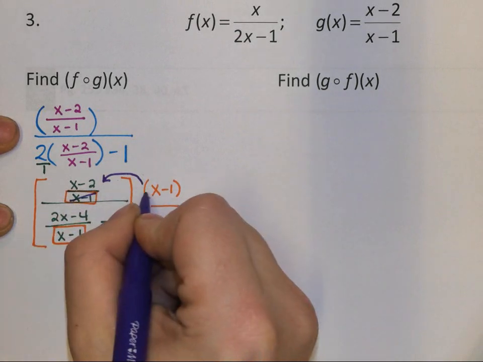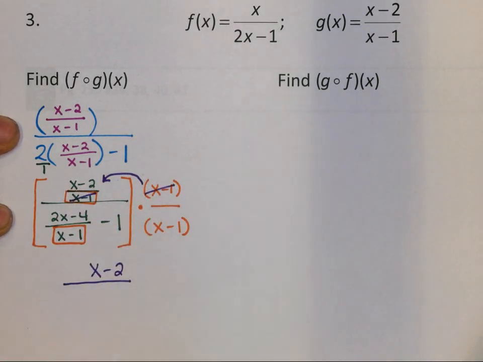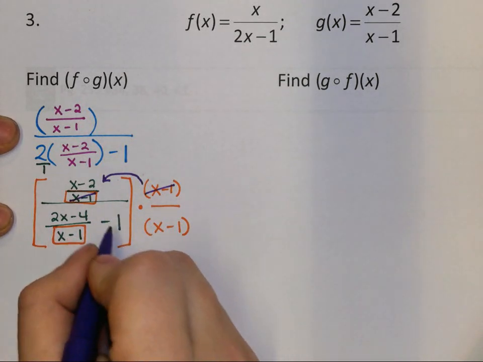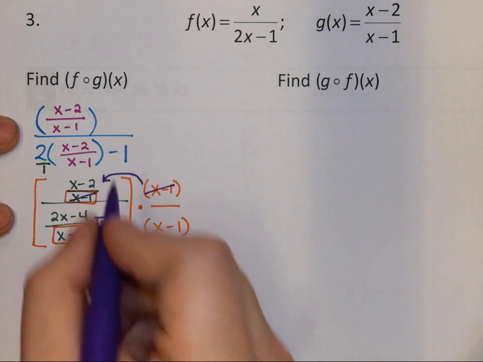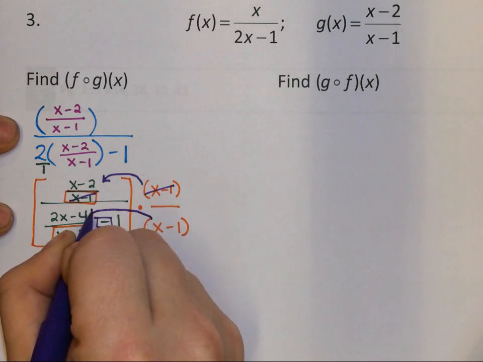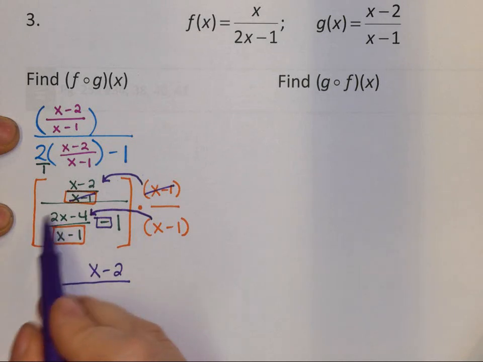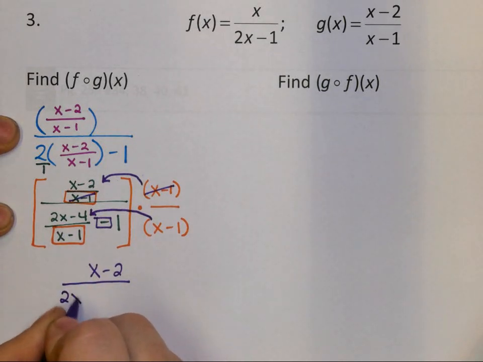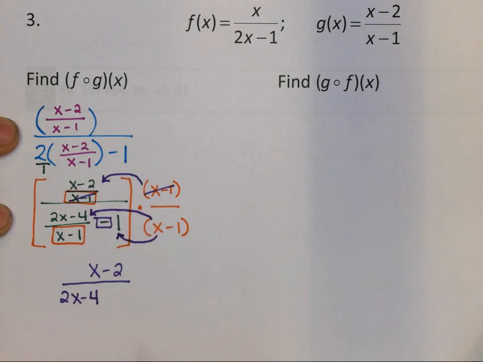Now when I distribute this, what's going to happen? Those are going to cancel out, and I'm going to be left with x minus 2 for my numerator. But be careful. There is this plus or minus sign. That means we have to distribute. We're going to distribute that to this first. What is it going to give me? 2x minus 4. When I distribute it here, what am I going to have?